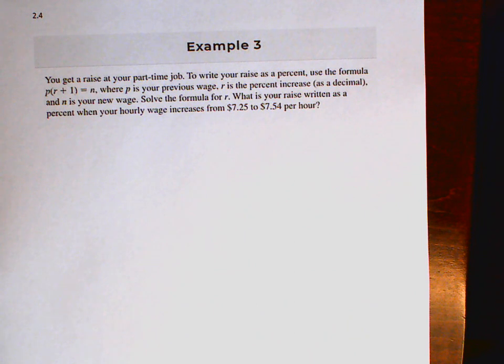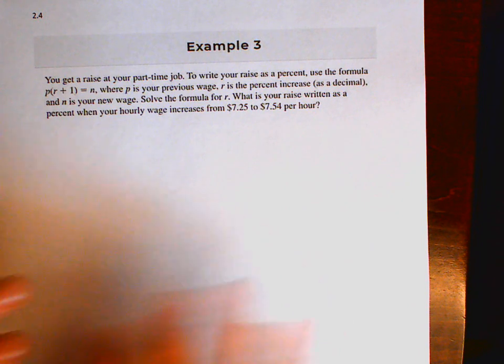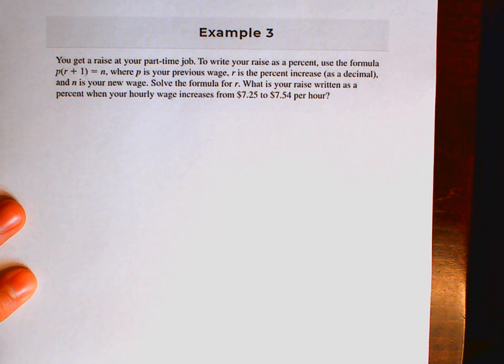For example number 3, here's what we're going to do. It says you get a raise at your part-time job. To write your raise as a percent, use the formula that's provided there for you. It's P times (R plus 1) equal to N, where P is your previous wage, R is the percent increase as a decimal, and N is your new wage.